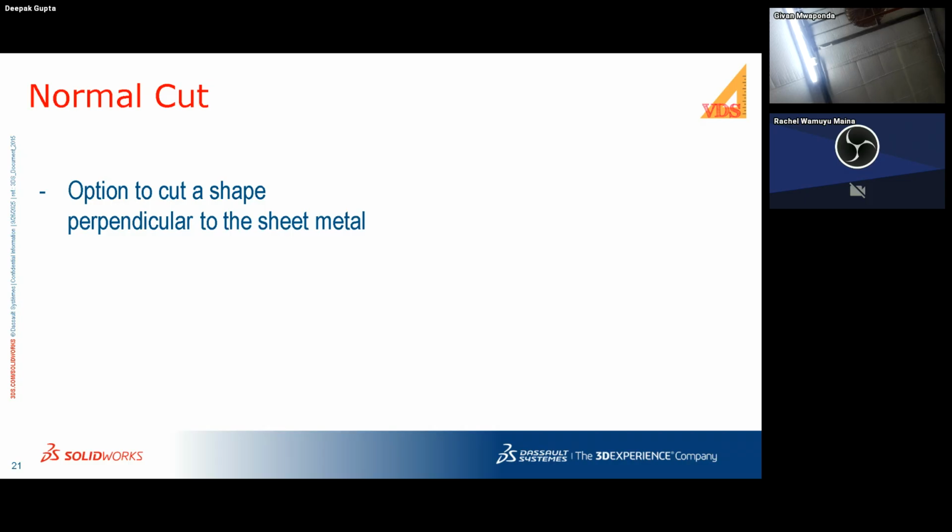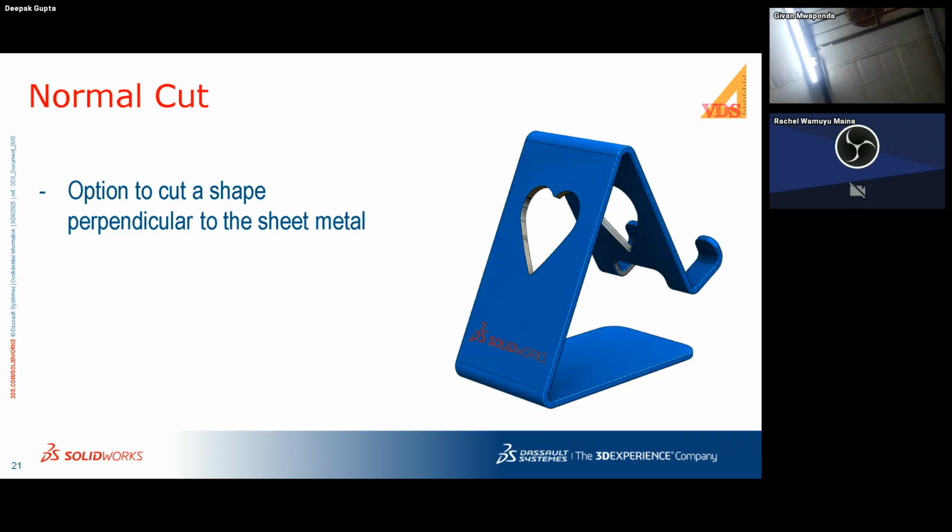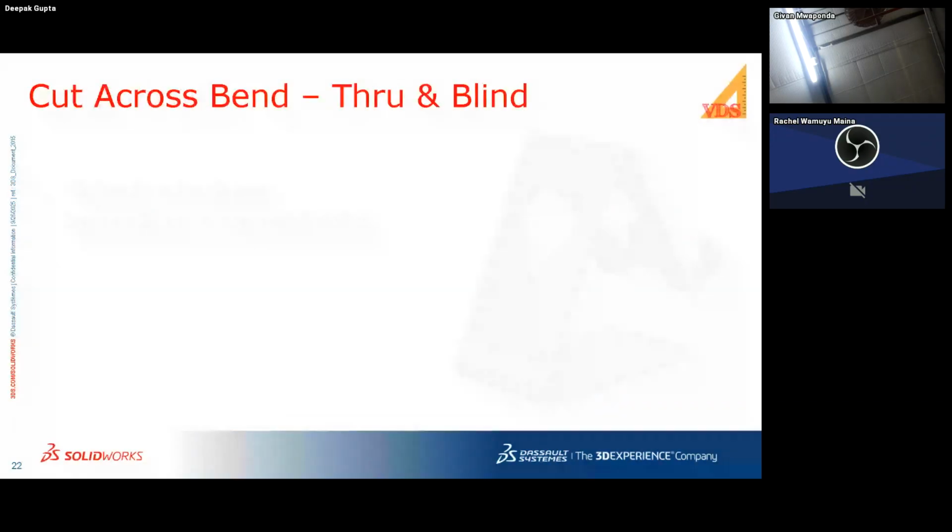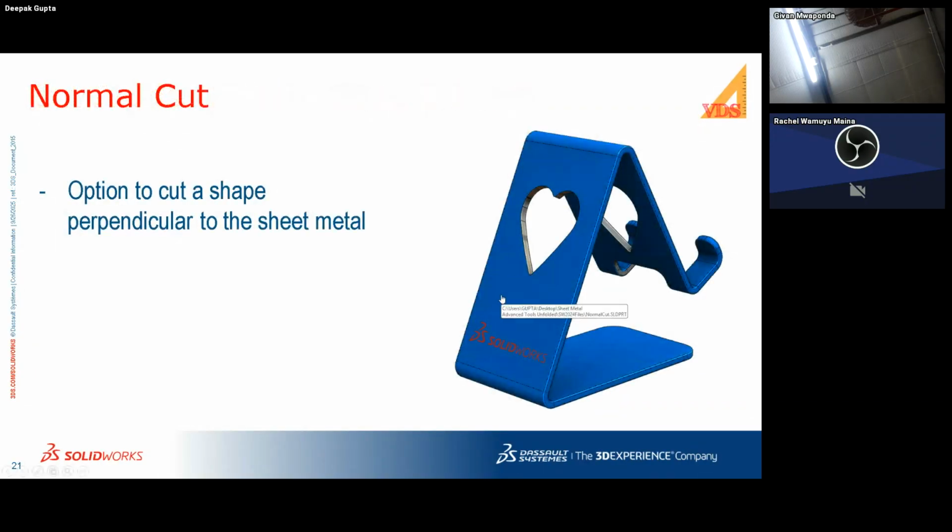But in sheet metal, we have an option to create a cutout which could be at an angle to the face, yet the cut will be made perpendicular to the face of the part.